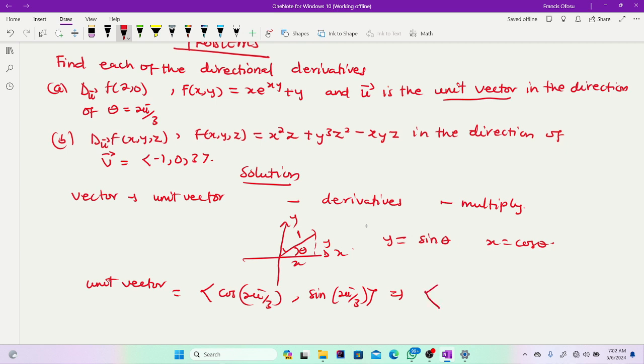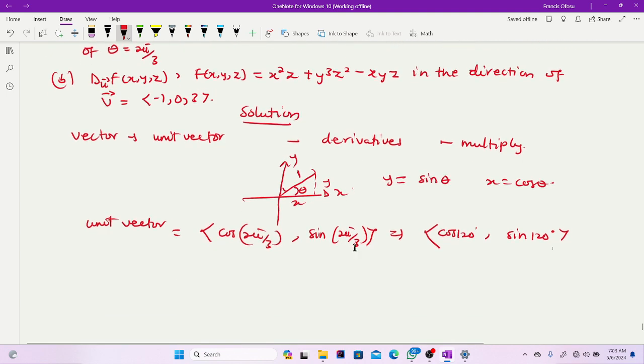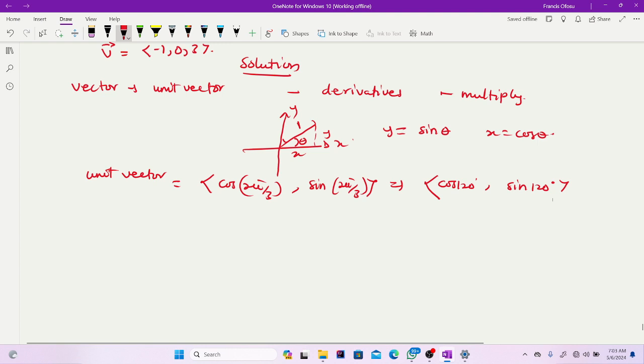Pi on 3 is 60 degrees, so 2 pi on 3 is 120 degrees. So cos 120 degrees, comma sine 120 degrees. So my unit vector then becomes negative one half, comma square root of 3 on 2.